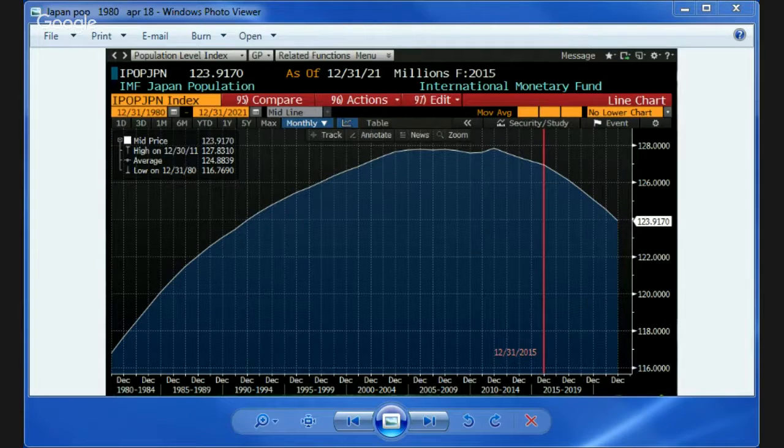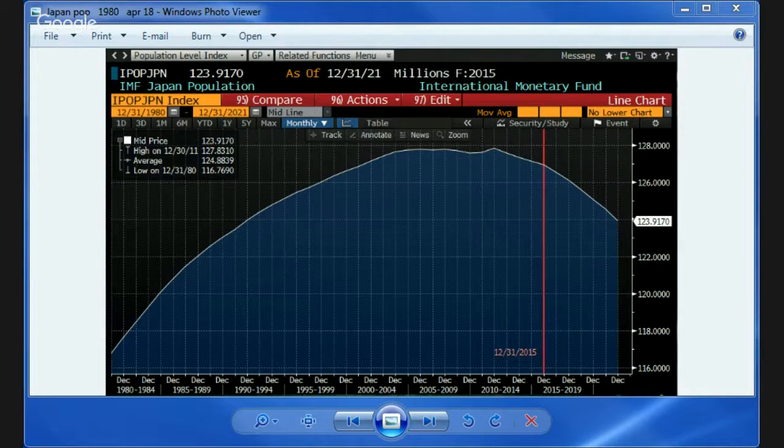So, with this population graph, the red line, of course, is the end of this year. You can only get these statistics yearly, and that's the projection. The natural inclination is deflationary. At least it's disinflationary.